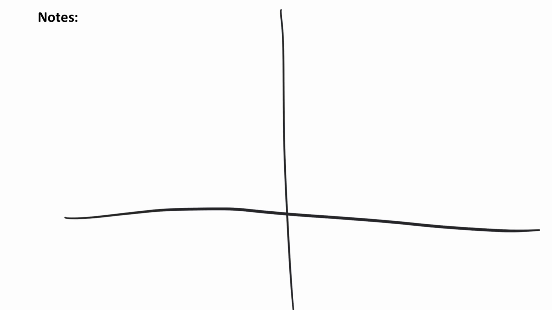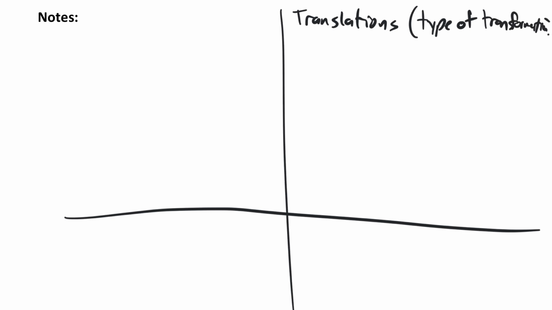All right, so let's take some notes on this. These are some of our first transformations, and we are looking here at what are called translations. Translations are a type of transformation, and they're one of the easiest because you simply add or subtract.